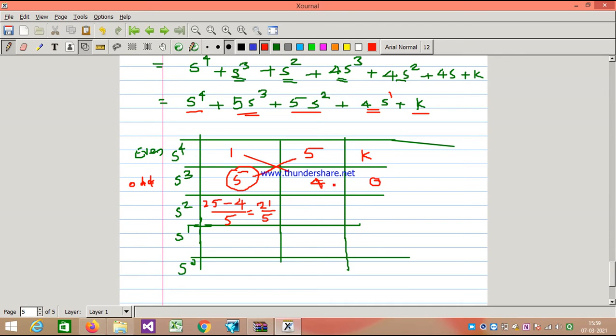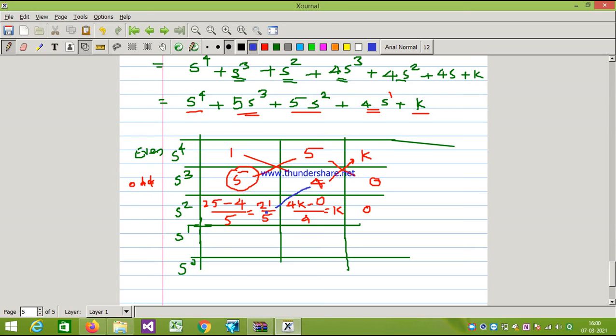Now for the next one, this is the cross multiplication. 4 into k is 4k, minus 5 into 0, that is 0, divided by 4. So it becomes k, because 4 gets cancelled, remaining is k. This is again 0. For the next one, I am changing the color. Again for the next thing, for this column we cross multiply this one with this one.